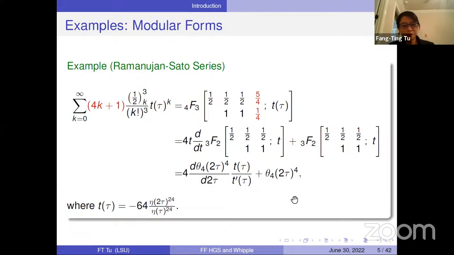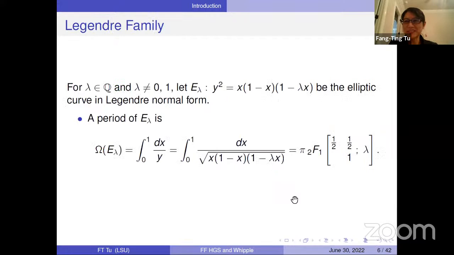Okay, so now Legendre elliptic curves. If we consider the period of the Legendre elliptic curves, we integrate the differential one form of the elliptic curve along the path from 0 to 1. So this is actually the integral representation of the 2F1 function times the transcendental number pi here.